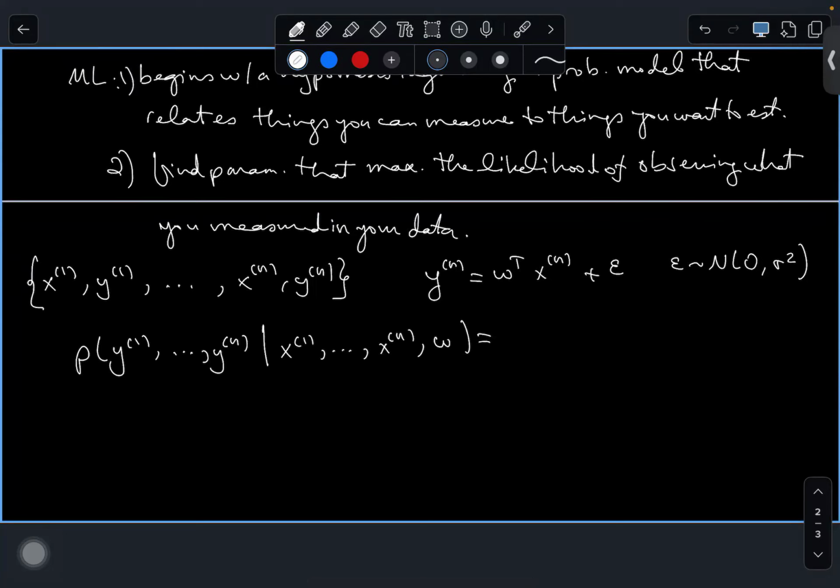And if each of my observations is independent of every other observation, that's just a multiplication of the individual likelihoods. That's the probability of Y of n given X of n, which is just a multiplication of those Gaussians.